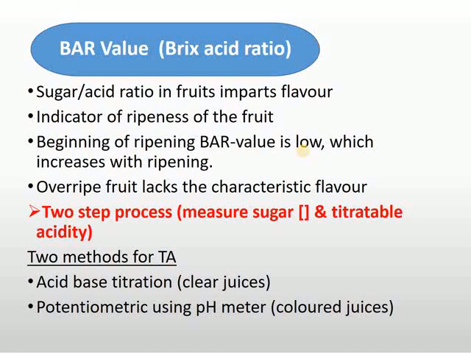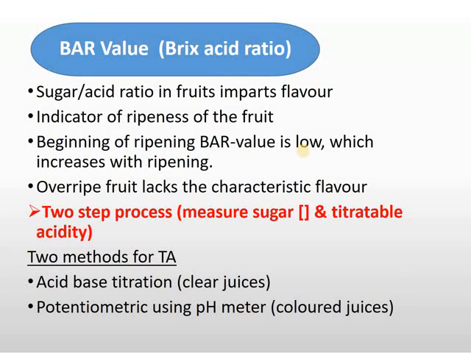This is where you have your phenolphthalein as an indicator, whether it changes from colorless to pink or from pink to colorless. So it is more suitable when you have clear juices, so that you can actually see the end point.